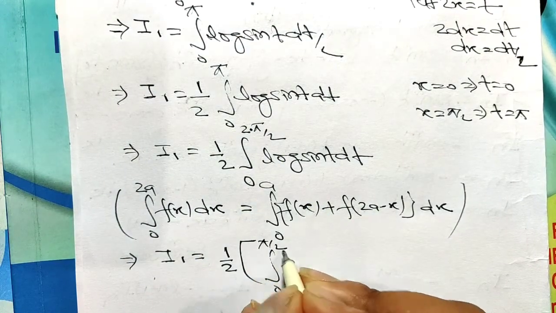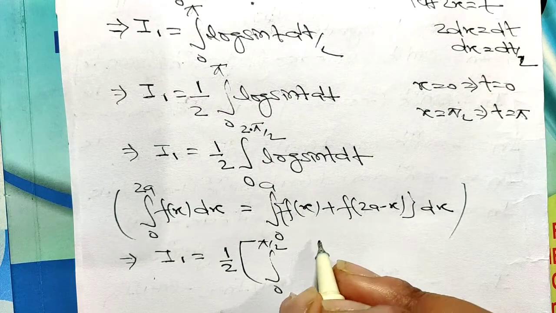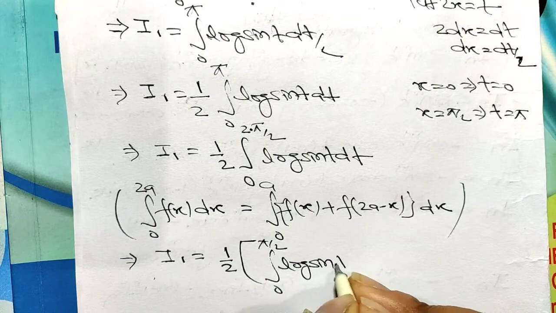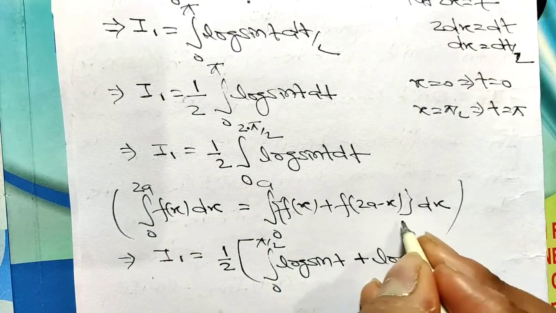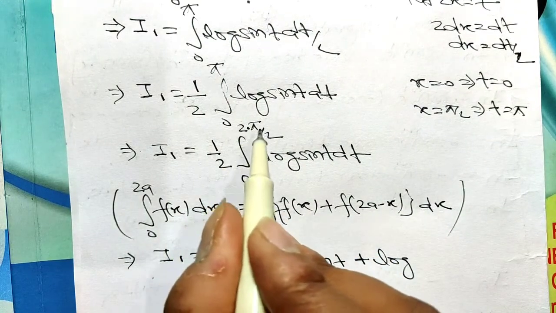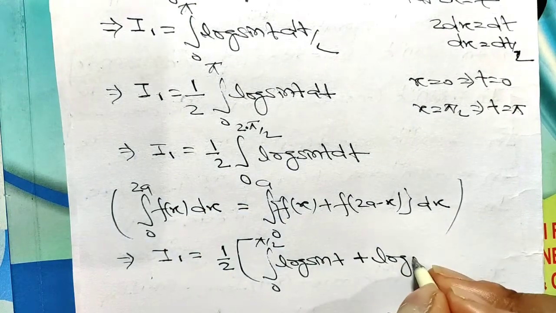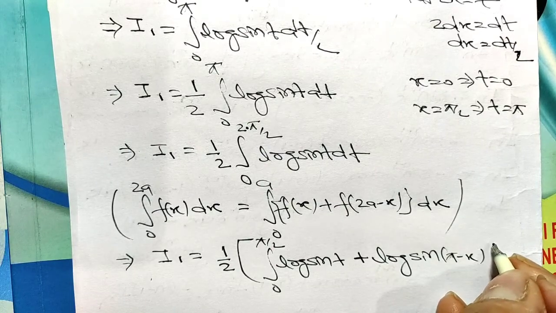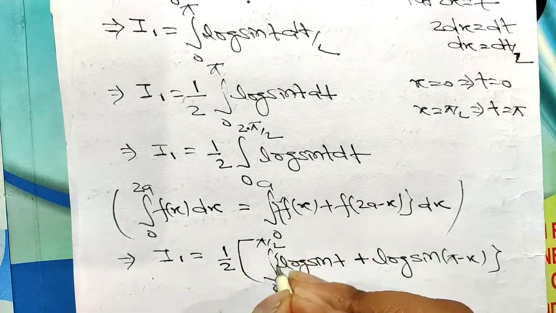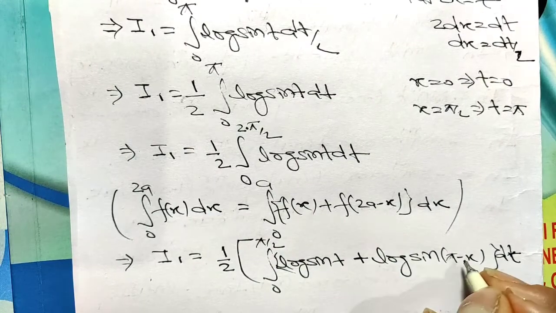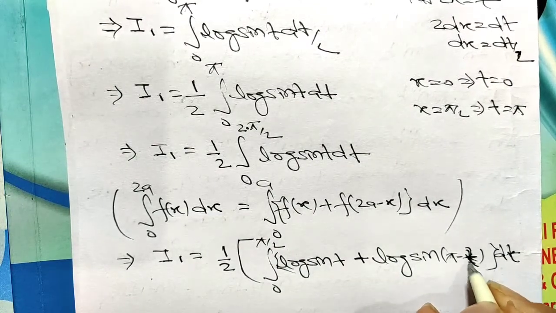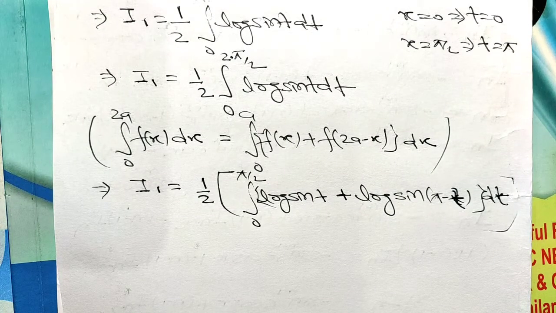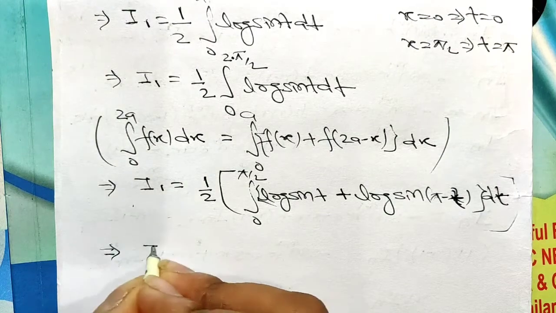So 0 to pi by 2, f of x that is log sin t, plus log sin of (2a minus x). 2a minus x is 2 pi by 2, that means pi, so log sin of (pi minus t) dt. Bracket closed. I hope you don't feel any difficulty in this step.